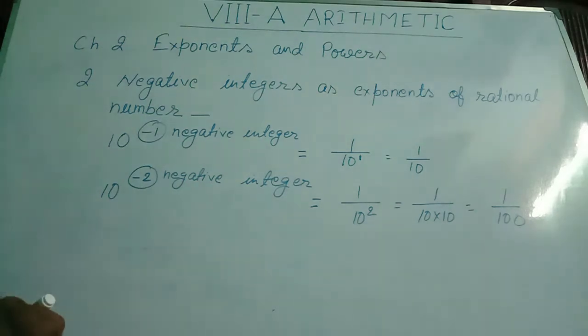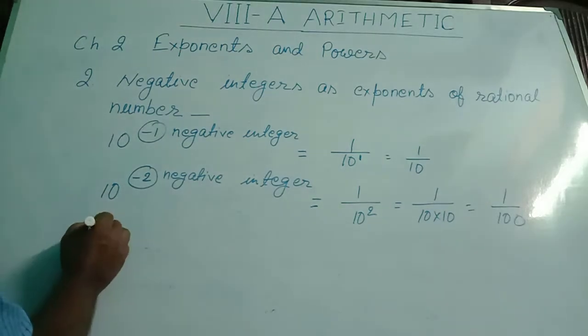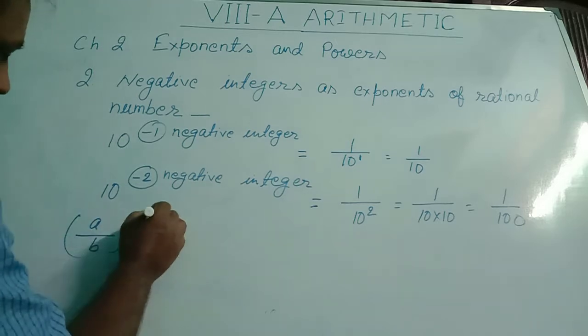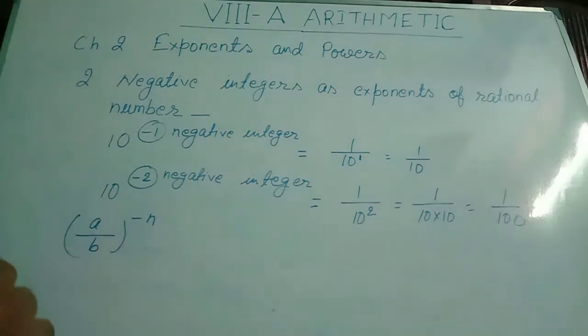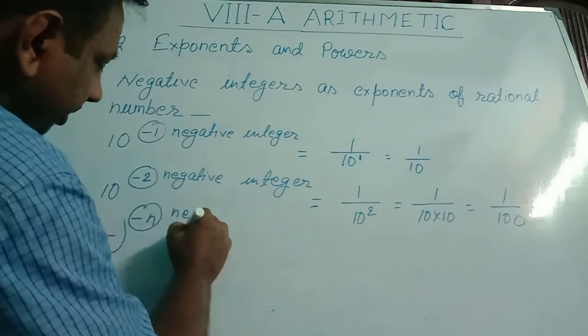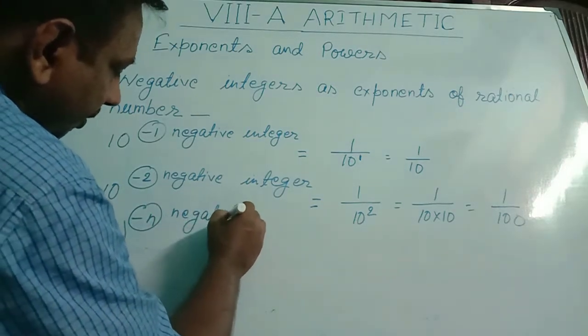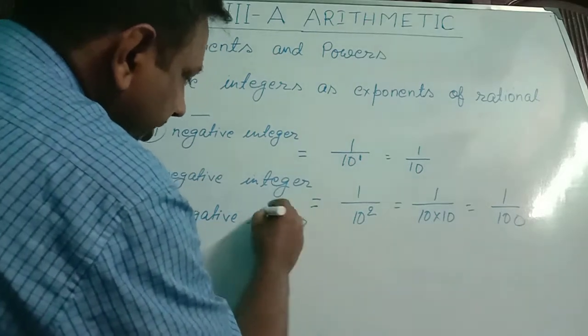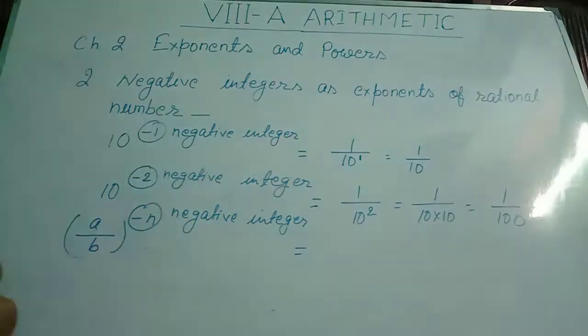Now, third example. We write a by b to the power minus n, where this is the negative integer. We want to change this negative integer into a positive integer, so we write the reciprocal of this rational number.